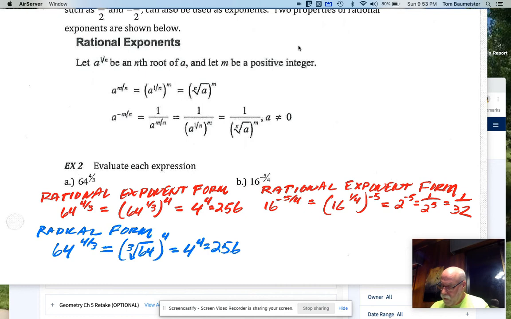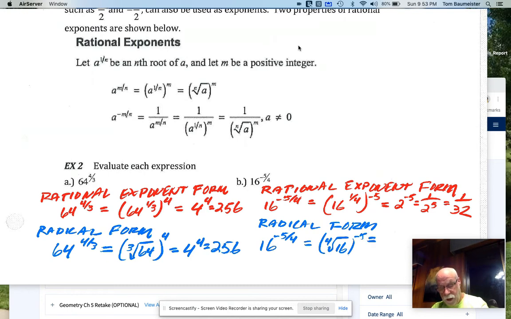If I do the radical form, I'll start with what I started with, 16 to the negative 5/4. Again, that's the fourth root of 16 raised to the negative fifth power.